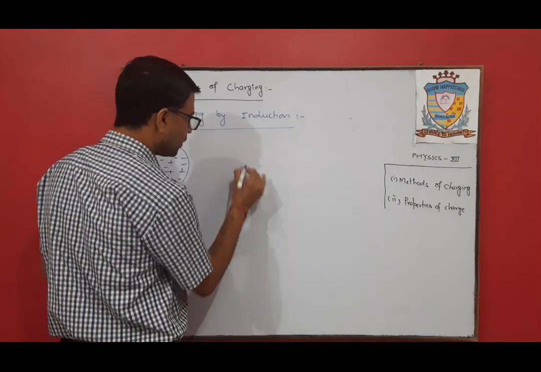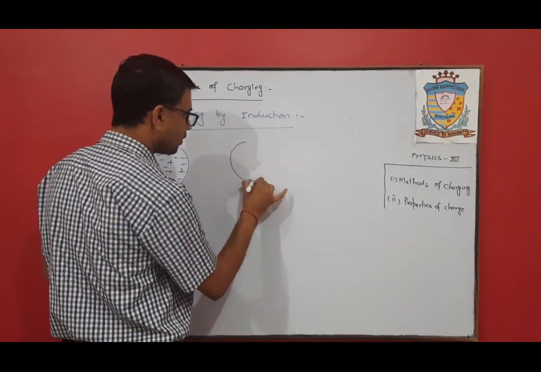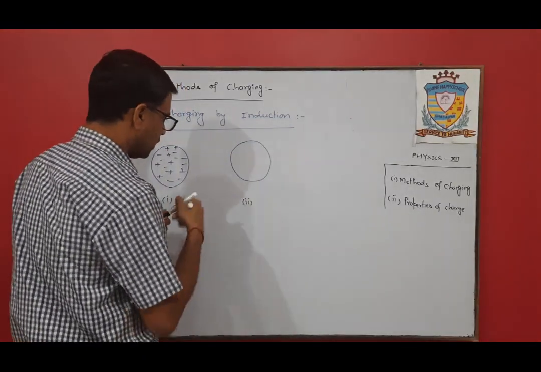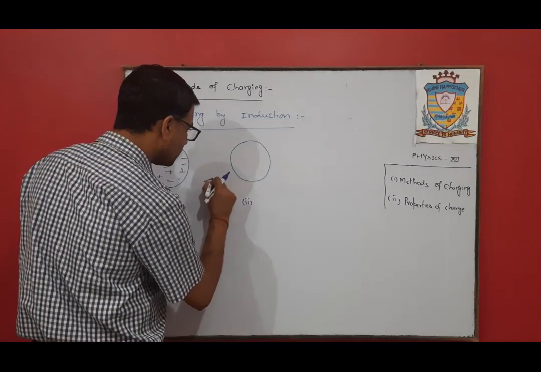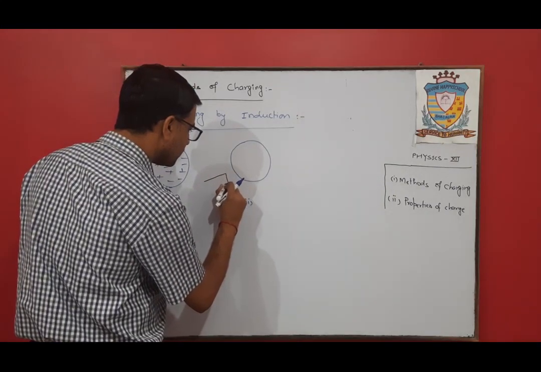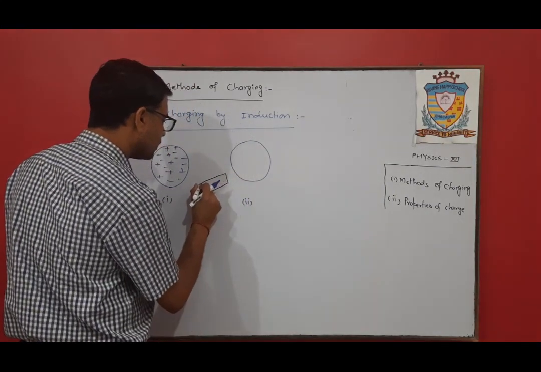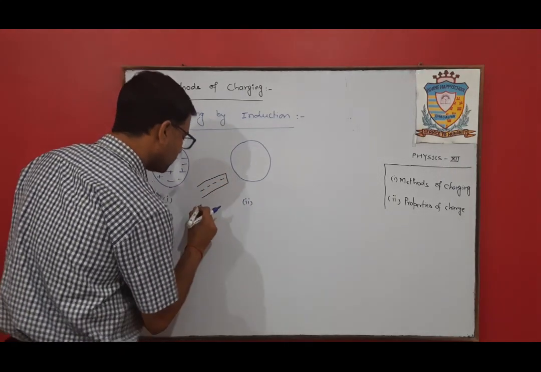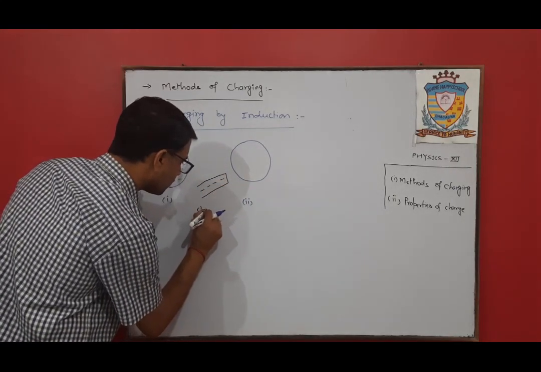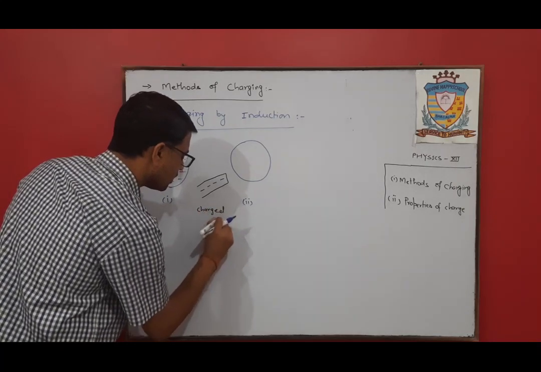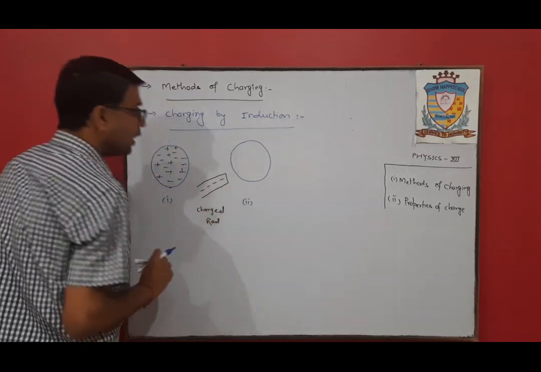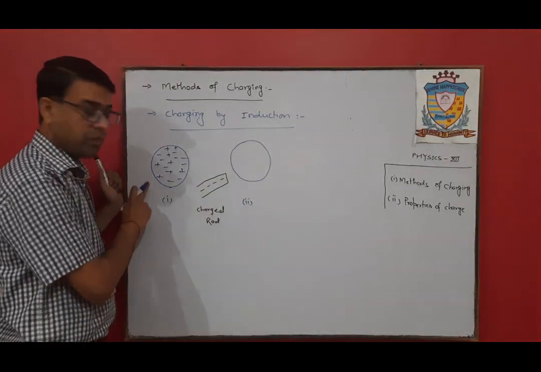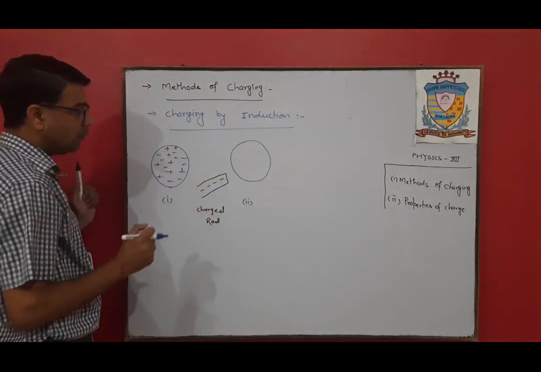In case 2, if we place a negatively charged rod near this neutral sphere, then what will happen?